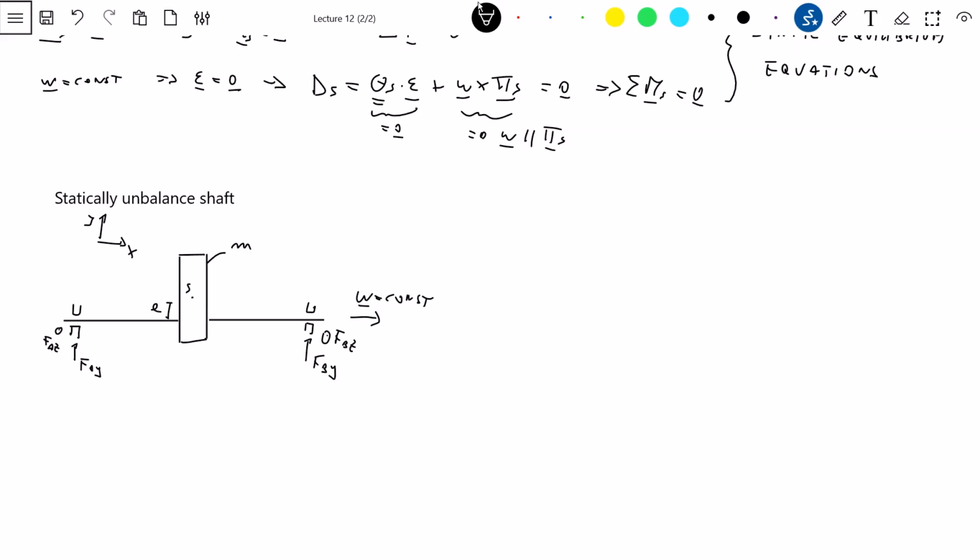So basically we call the shaft statically unbalanced if the center of mass is not on the axis of rotation.